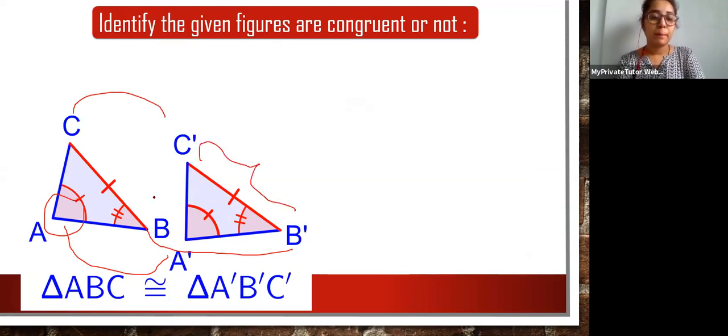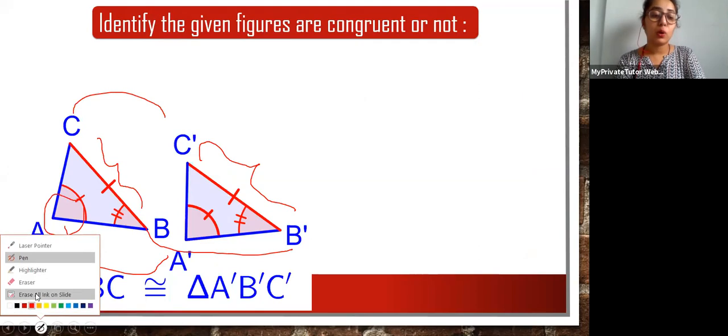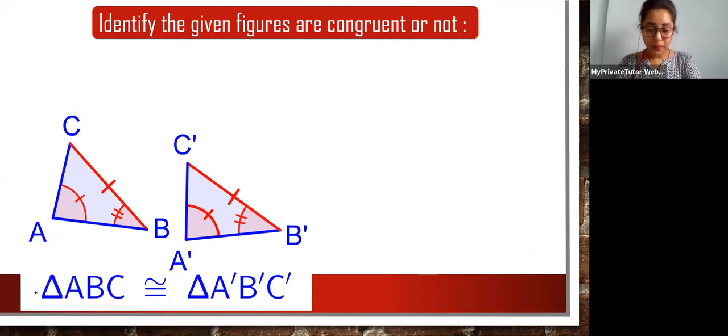BC and B dash C dash are the same. Correct. So these triangles are also called congruent. Whenever triangles have all their parts equal to each other, remember, congruent means equal to each other. So both triangles are equal in measurement and therefore they are considered congruent.